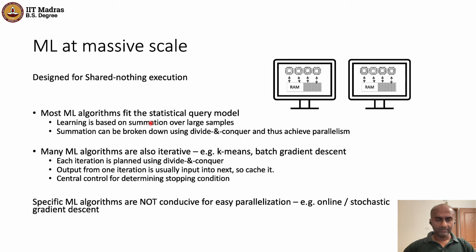So if that is the case, then the summation itself can be broken down using divide and conquer. And thus, you can achieve parallelism across a cluster of machines using a MapReduce style execution. So imagine if you think about the summation as literally just a sum. We spoke about this in, I think, week 4 or week 3, one of the earlier weeks. If you just had a sum and you did the sum over a cluster of machines using a shared nothing execution model, you would break it down as a sum of partial sums.